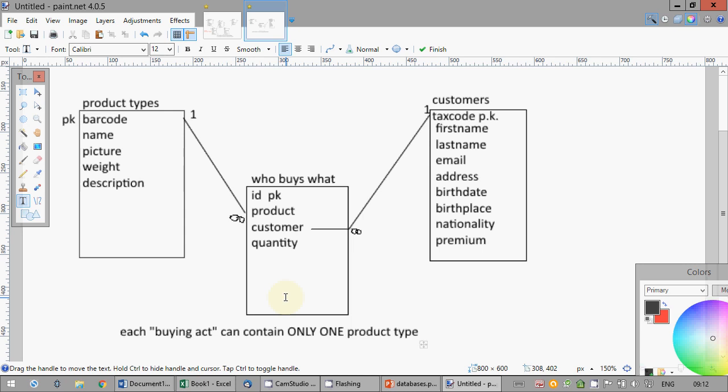But for the majority of online e-commerce trading, this is not something that you want. You don't want your customer to buy only one product type and then close the transaction. You will prefer that your customer buy several product types, so they also save on shipping expenses, by the way. But this database does not allow it. Each record here can contain a different quantity. So you can buy 20 products, but of the same type, because you can store only one barcode here.